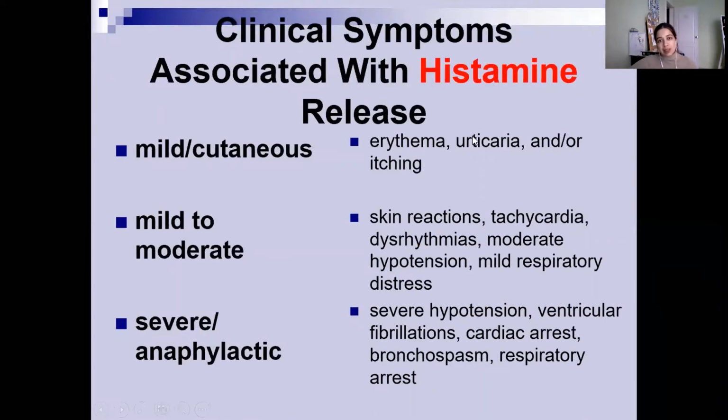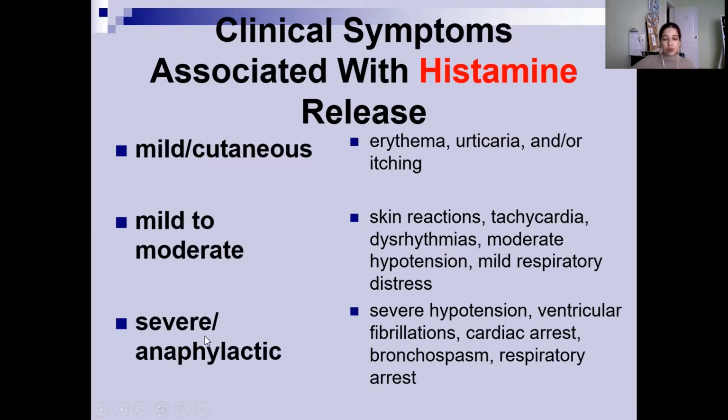So the clinical symptoms associated with histamine release. So what can be? In the mild phase, we have some erythema, urticaria, this is like redness and itching of the skin. Mild to moderate, we have some skin reactions, also can be tachycardia, arrhythmias, moderate hypotension, and mild respiratory distress.